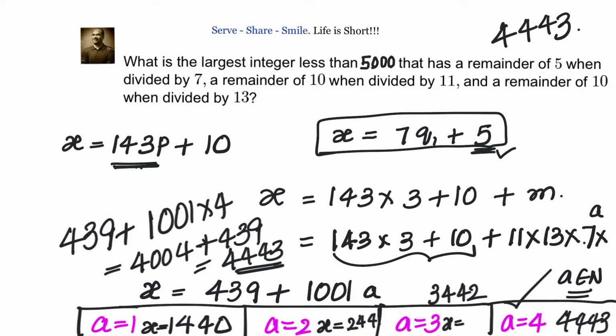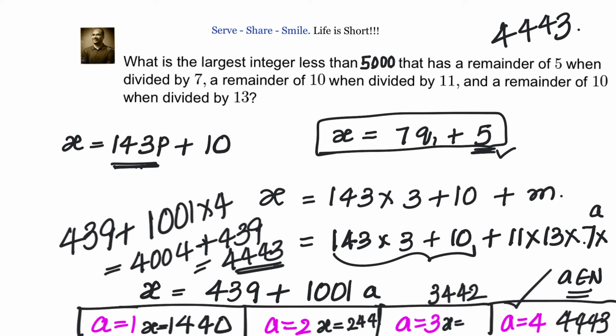Now we substituted different values for p, and we are able to understand that the smallest number which satisfies these conditions is 439. Now 439 leaves a remainder of 5 when divided by 7. It also leaves a remainder of 10 when divided by 11 and 13 respectively.